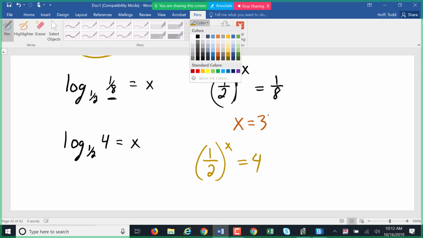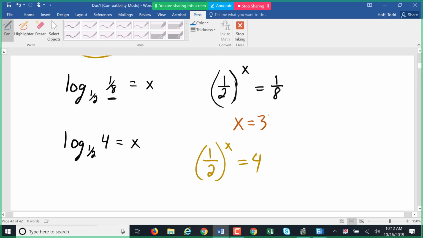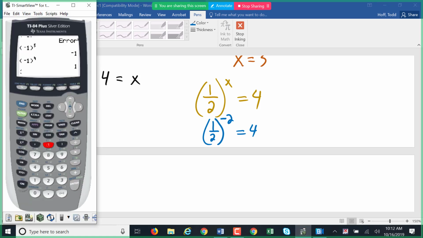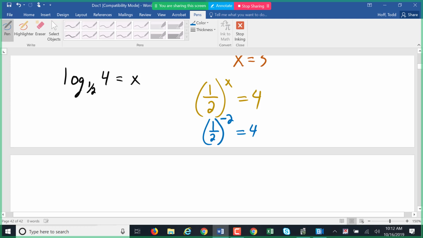It is possible. 1/2 to the power of -2 equals 4. Show you on the calculator. 1/2 to the power of -2 gives us a positive 4. Remember that a negative power is a reciprocal, so 1/2 to the power of -2 is equivalent to 2, the reciprocal of 1/2, to the positive power.